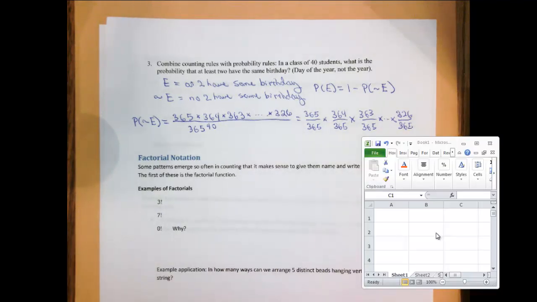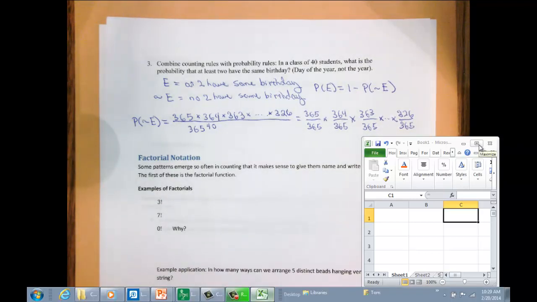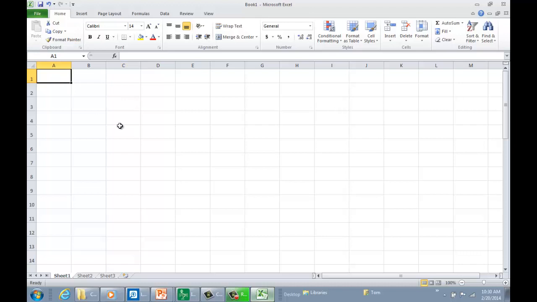The easiest way to solve a problem like this is by using a spreadsheet, so let's open one up and get started. What we'd like to do is to build 40 fractions. The numerators of the fractions are easily predictable. They start at 365, and then each one below will have a numerator that's simply one less than the one above it.